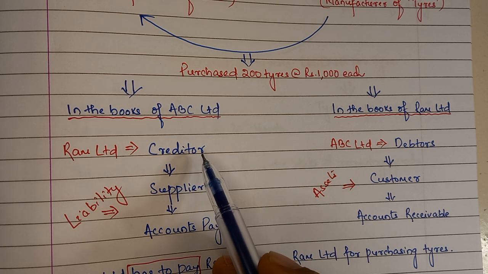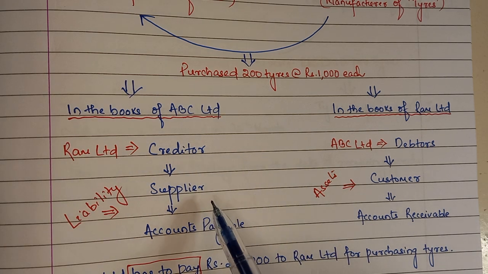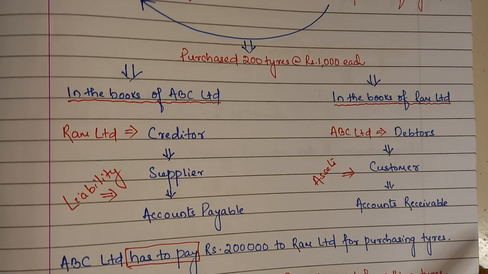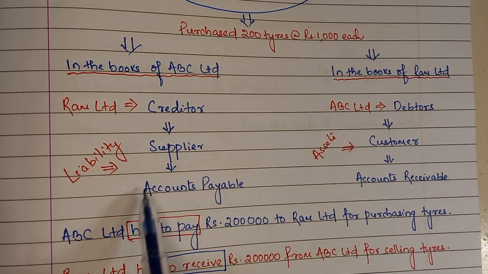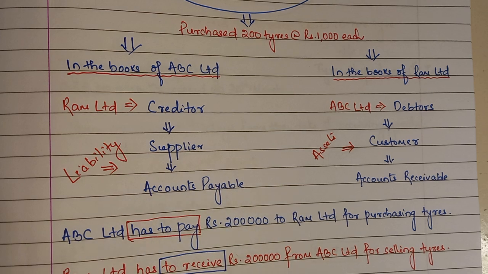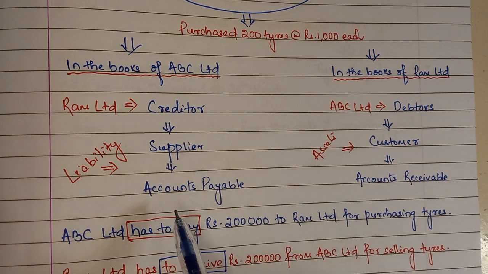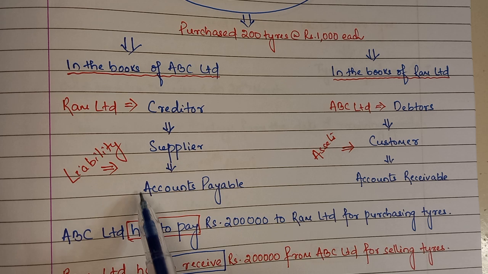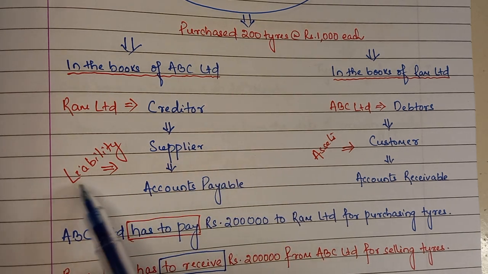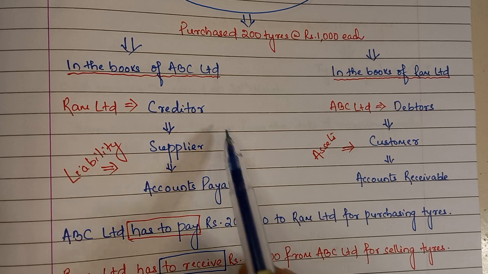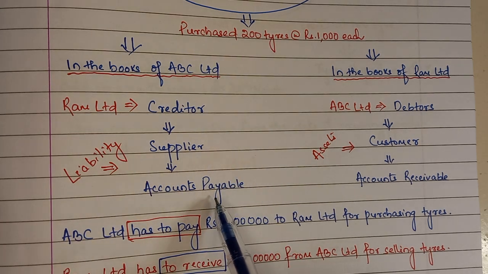Another name for creditor is supplier. From the balance sheet point of view, creditors are classified under a bigger bucket called accounts payable. Under accounts payable there will be multiple creditors like Ram Limited, XYZ Limited. All of this is a liability, so it forms part of the liabilities in the balance sheet.